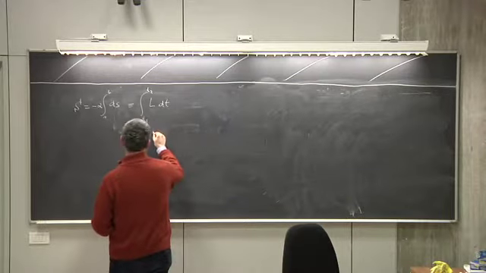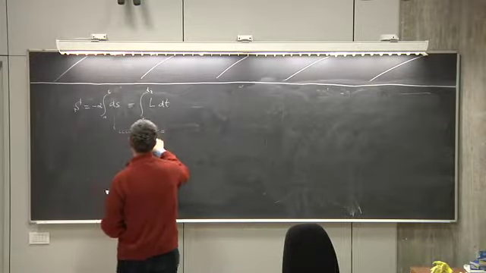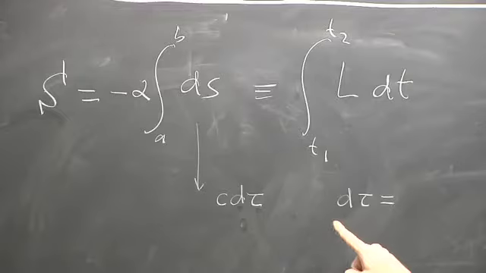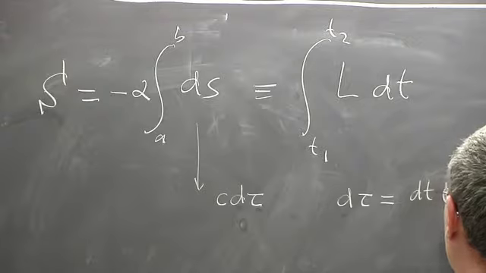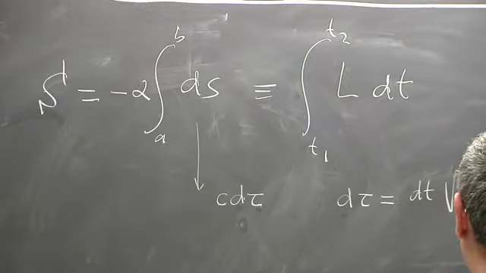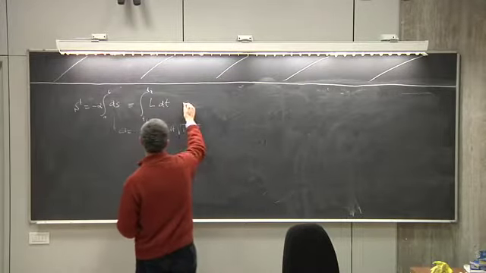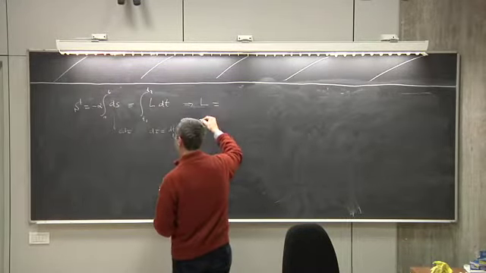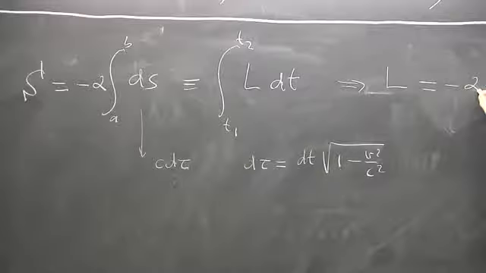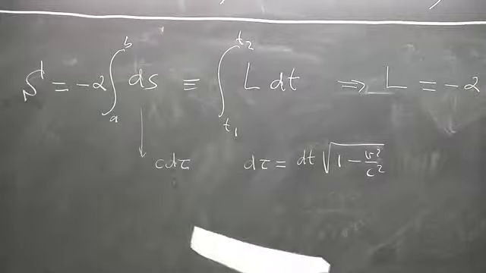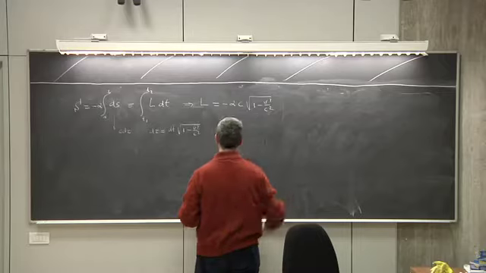So all I want to say is, what is the relation between d tau and dt? You remember, it's just a gamma factor, so it's dt times the square root of 1 minus v squared over c squared. Then if you replace in here and compare, you see that the Lagrangian should be minus alpha c times the square root of 1 minus v squared over c squared.